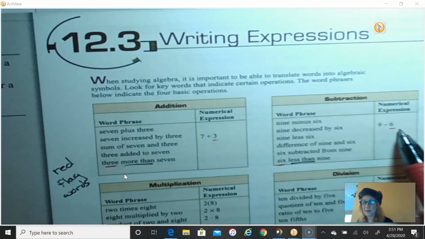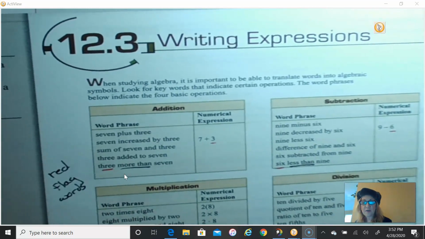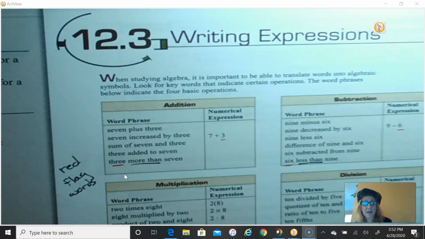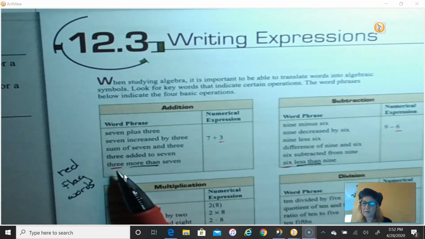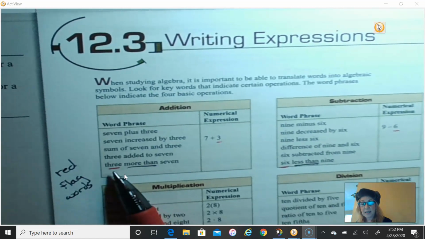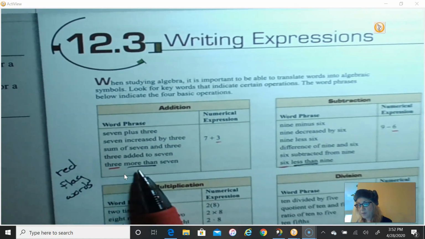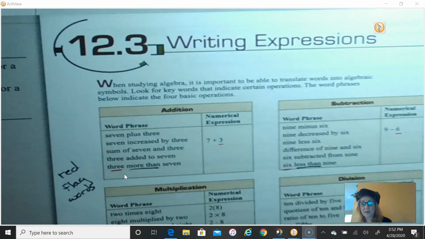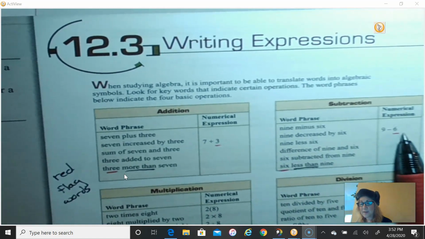Notice the 6 is coming at the end. Those are my red flag words because they're weird. Like 3 more than 7 is 7 plus 3, and 6 less than 9 is 9 minus 6.